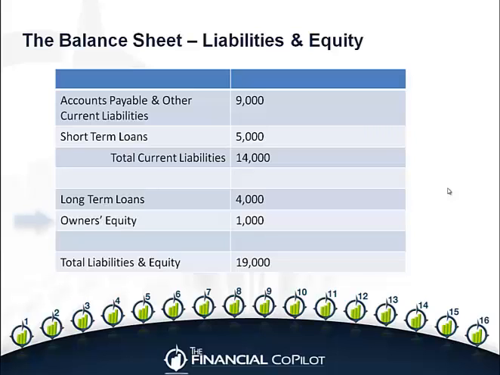And in this case, we have owner's equity, which can include a number of things. Owner's equity can include retained earnings, which is a reporting of the undistributed profit of the company, or rather the accumulated profit of the company over a sustained period of time.